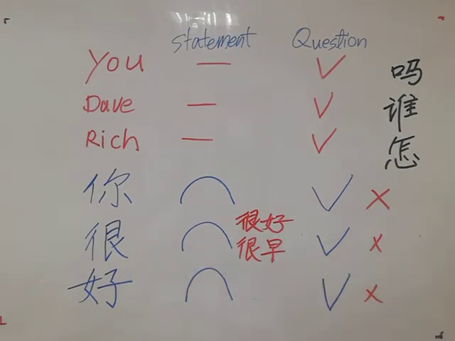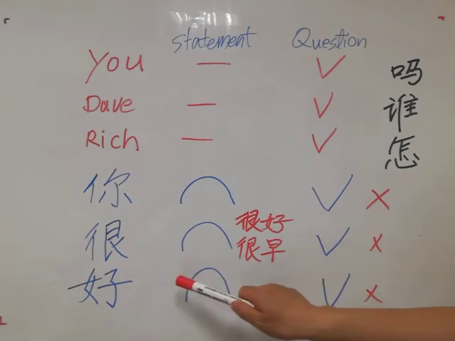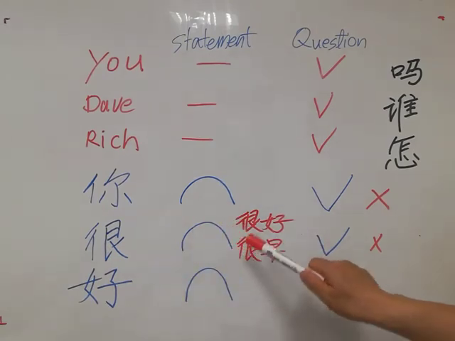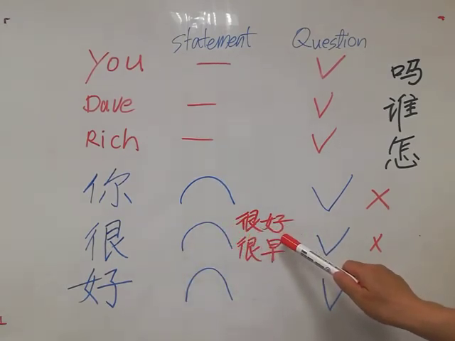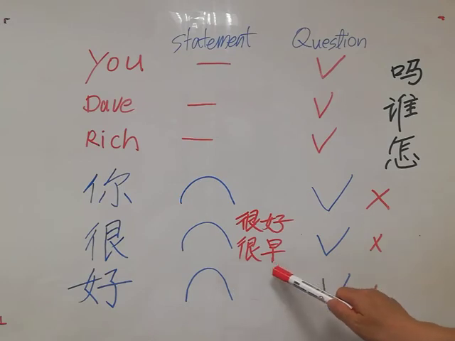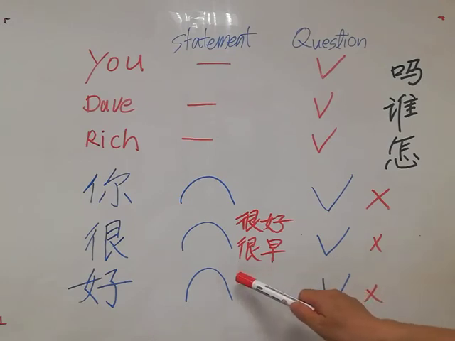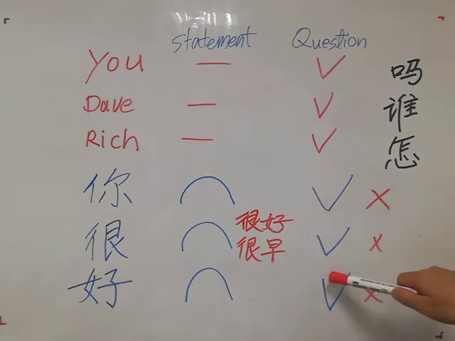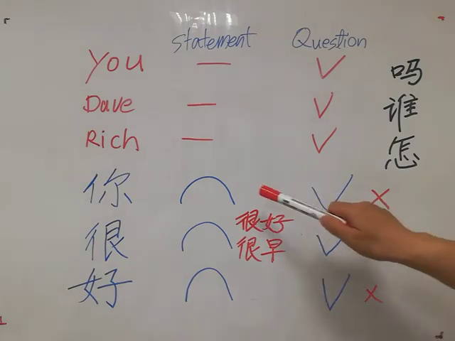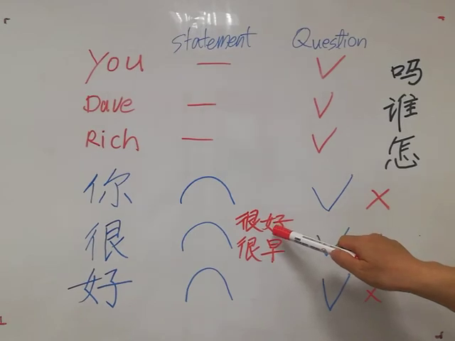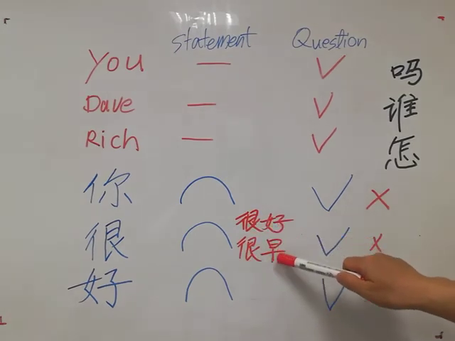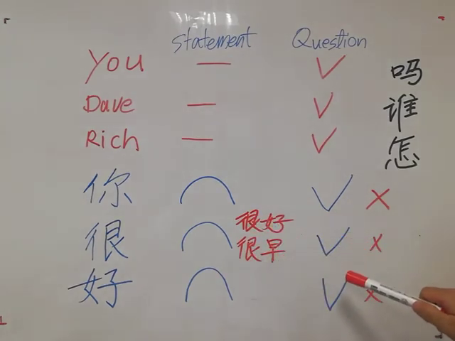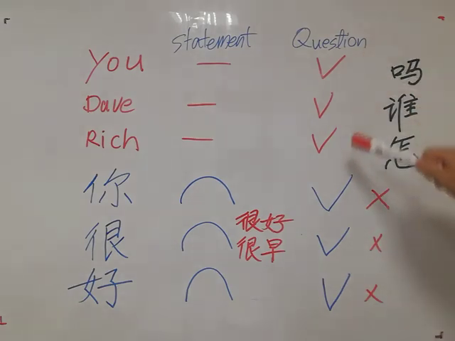很 we should pronounce like 很好、很早、很大, not 很好、很早 with a rising tone. This is not right because this is in a question tone.